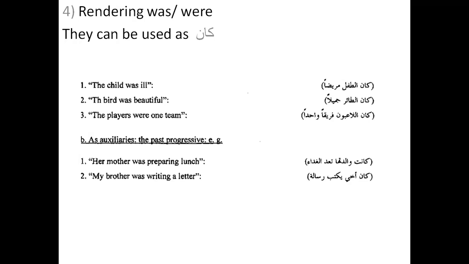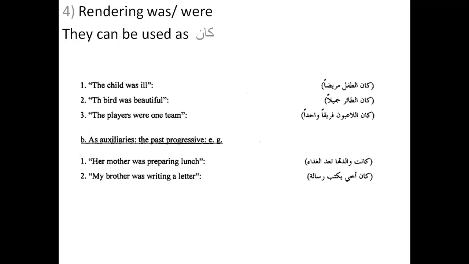So was or were is rendered as kana. But if these are in the passive progressive, as we know, was and were plus verb plus ing, it is a passive progressive structure.